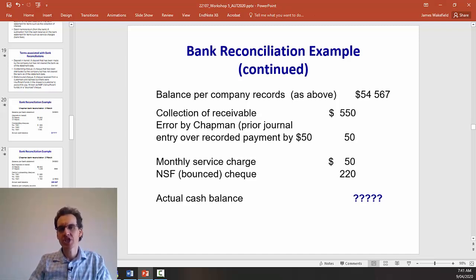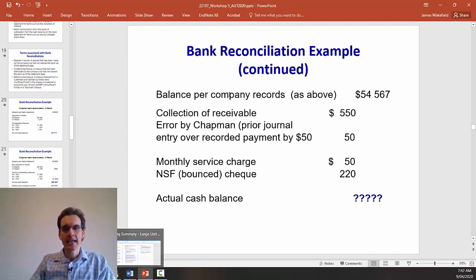Now, if we look at this information in a bit more detail, what we find in the bank statement is there are areas and particular transactions that are missing from our business's transaction record. So these are things that have occurred automatically via our bank account that we were unaware of during the period, which we need to update our own accounting records to reflect.